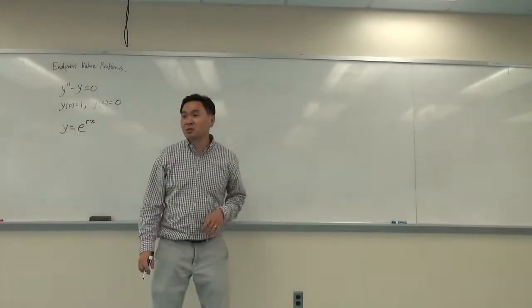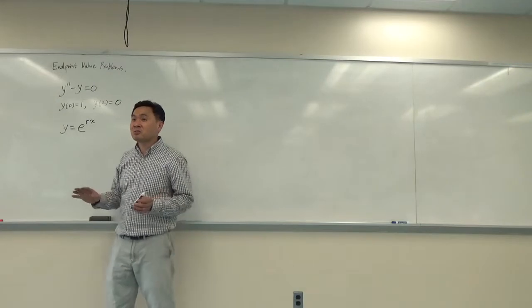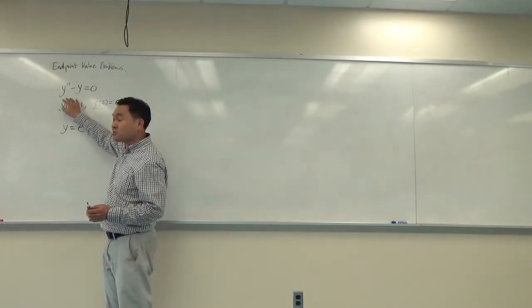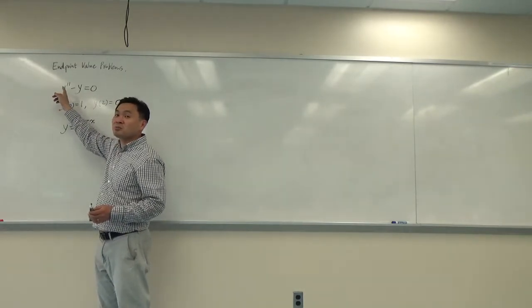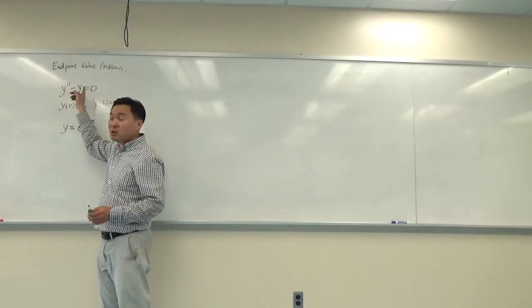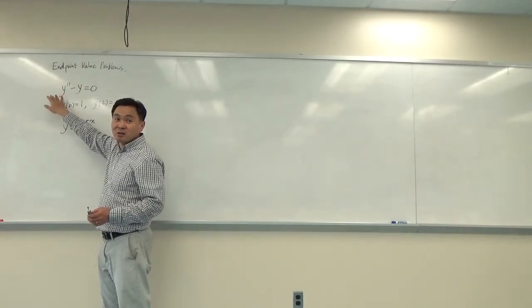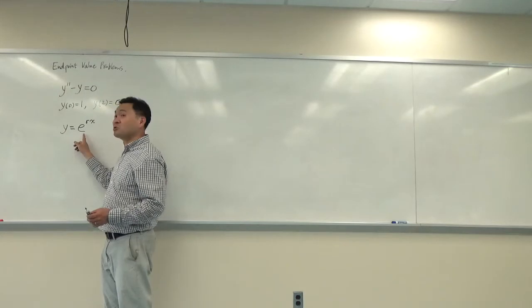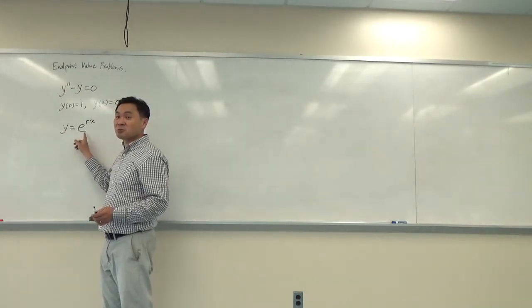So there's some unknown number r, but just from our experience, this is what we call a differential equation with constant coefficients. If you have a differential equation with no x's, just y's, with only constant coefficients, in that case the solutions look like this. That's what we learned in ordinary differential equations.